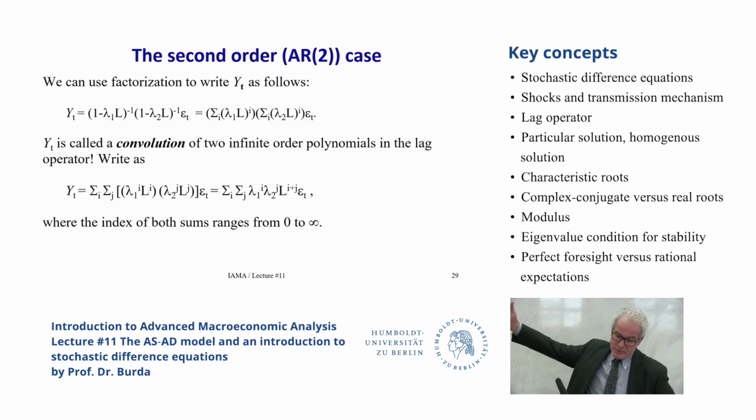Okay, so if I do the factorization, we see that it's a product of two inversions of 1 minus the respective characteristic root. And then if you multiply those out, you can see what happens. We get this very, very elegant looking product of different powers of lambda 1 and lambda 2. It's called a convolution of these infinite order polynomials in the lag operator.